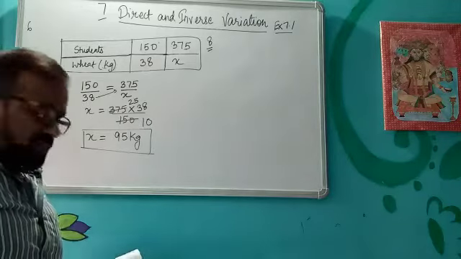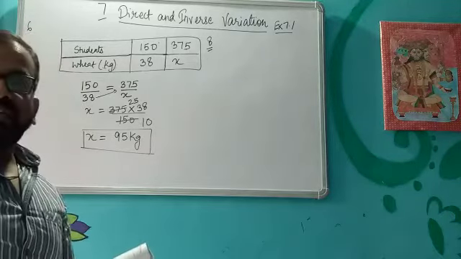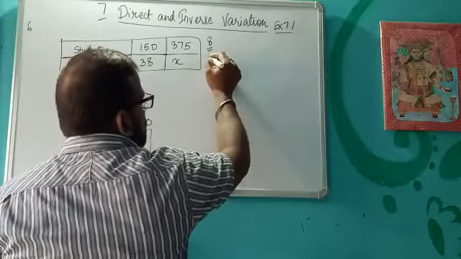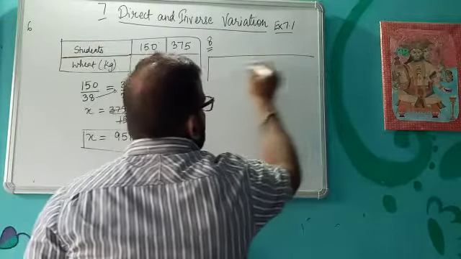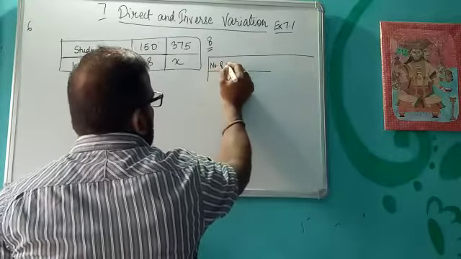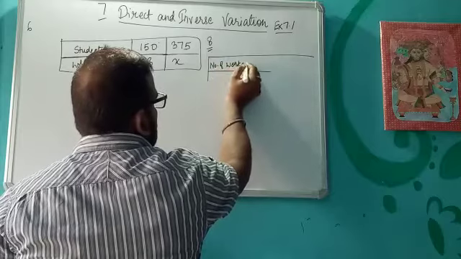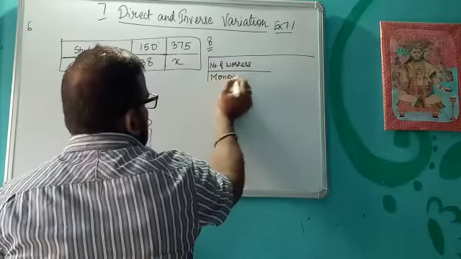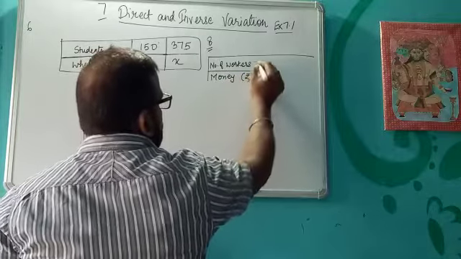So our variables in this will be workers and money spent. We will form the table like this. Here we will write number of workers and money. Money is in rupees.